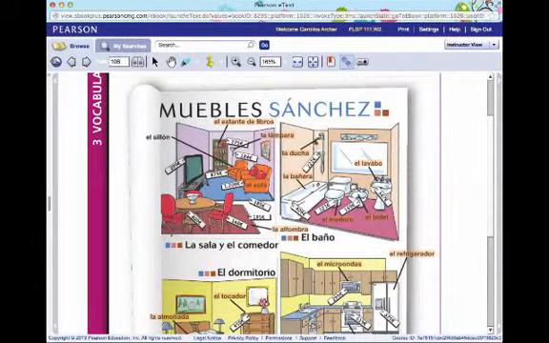La ducha, the shower. And la bañera, the bathtub. And you can practice with saying these prices. These prices are in euros, okay? So practice saying these prices so you can practice your numbers.